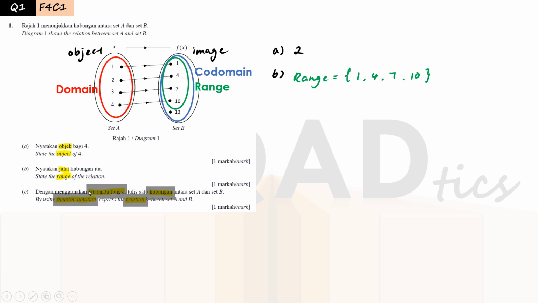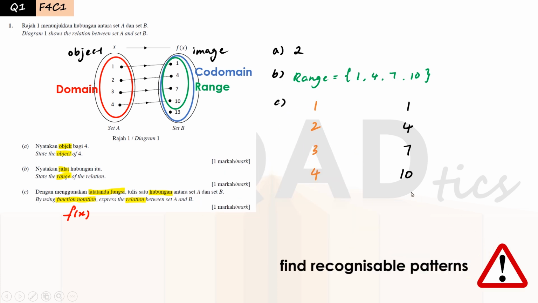For part C, we need to use the function notation, which means we need to use the f of x way to find the expression of the relationship between these two sets of values. Let's list all of them here, and for the 13, I'm going to ignore it because it is not connected. Let's find the relationship between each pair of numbers.